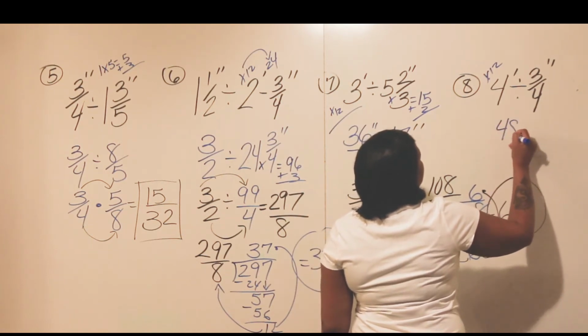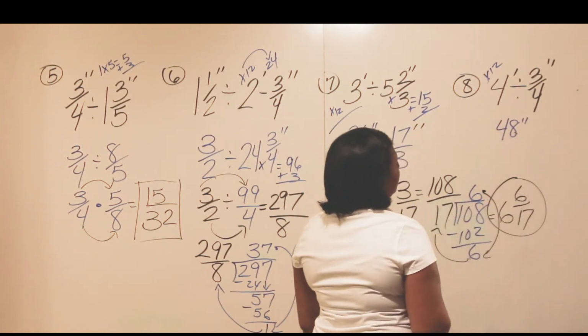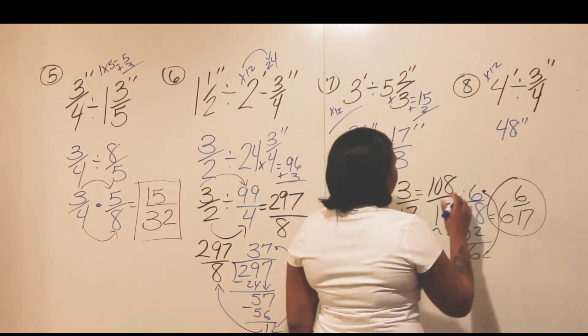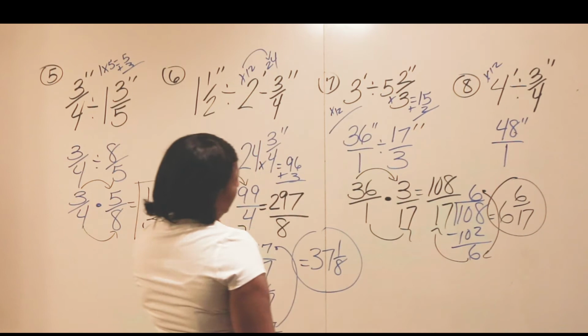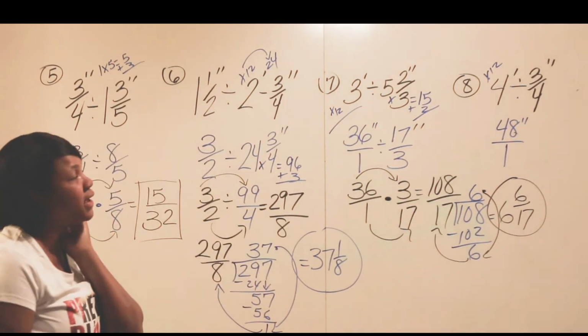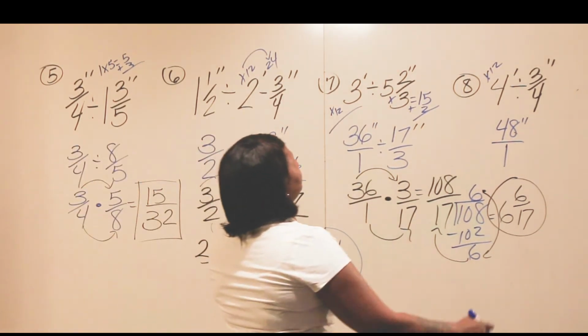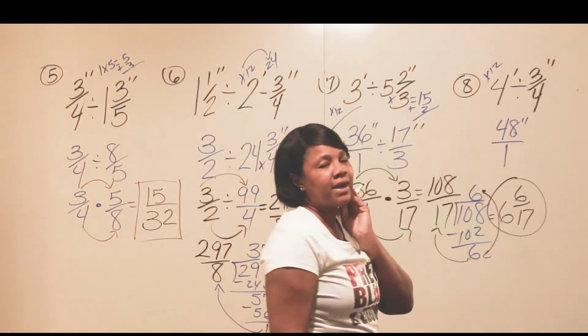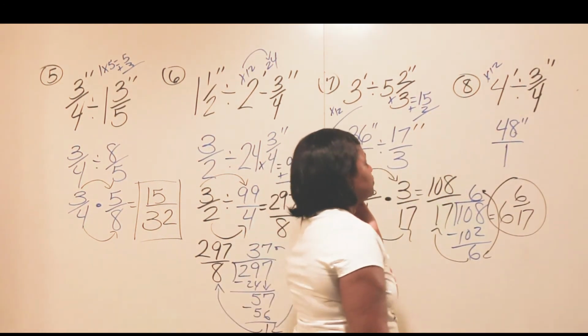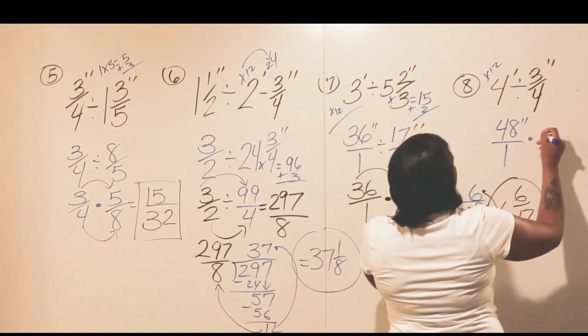We got 48 inches. What do we do with that 48? Whole numbers turn to improper. So now the measurements are the same, and I don't have to rewrite that 3/4, but what I can do is reciprocate it.